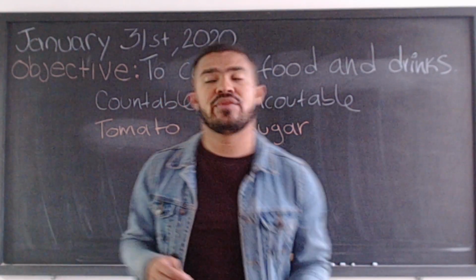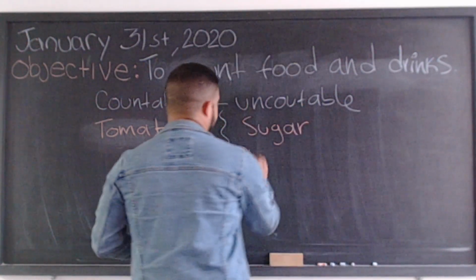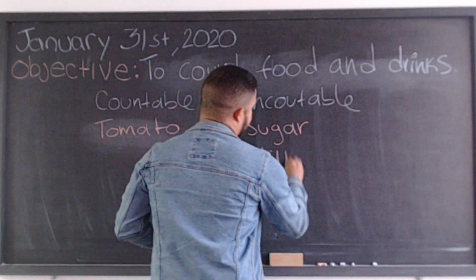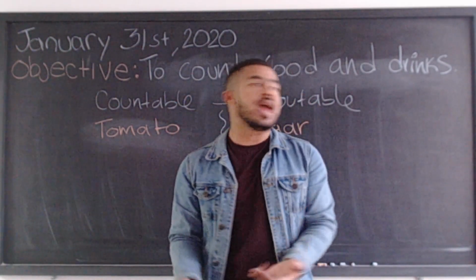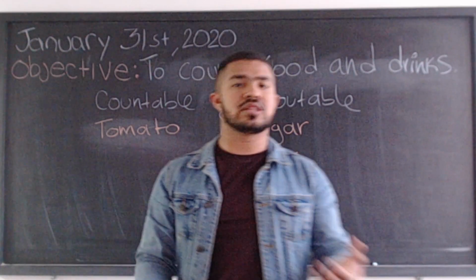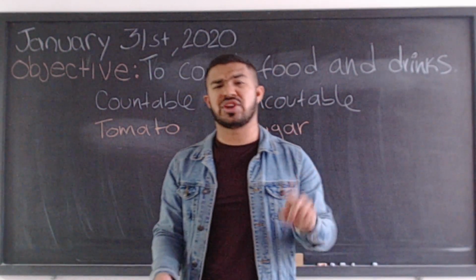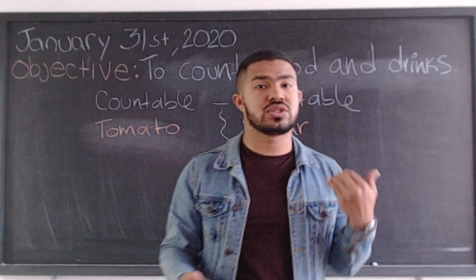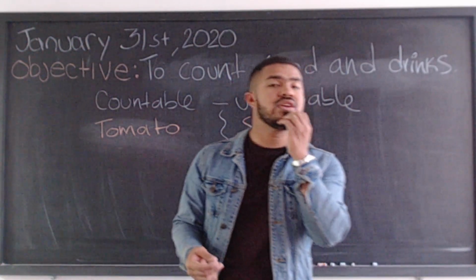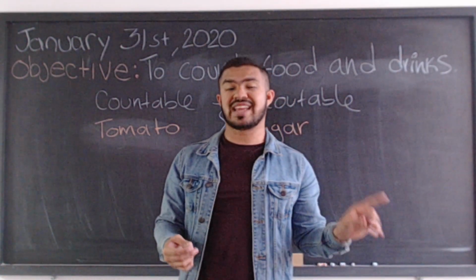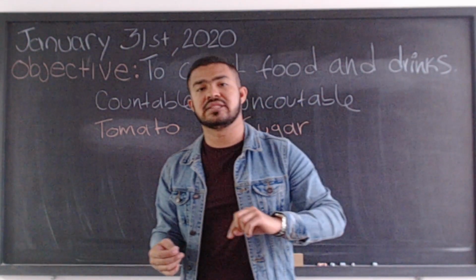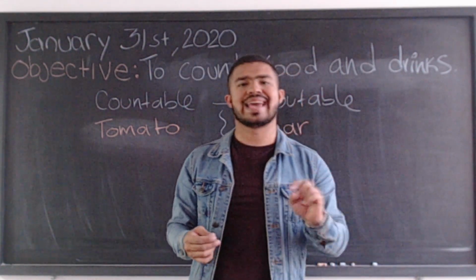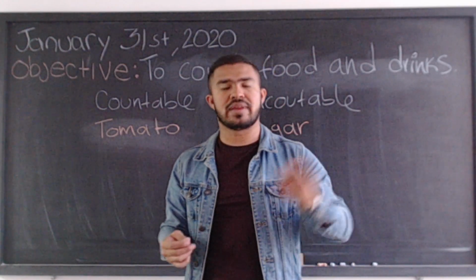Another example is milk. We can't say in English 1 milk, 2 milks, or a milk. That's not good. If I want to count the milk, we may use a bottle of milk. That is different because in that way I can count the bottle but not the milk.